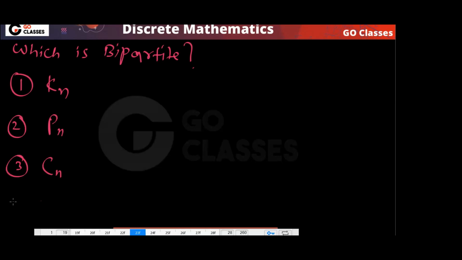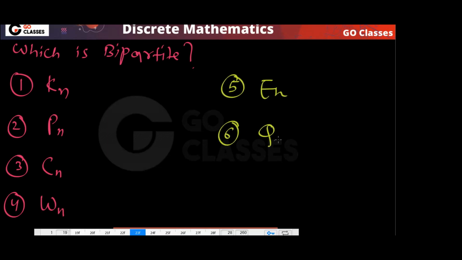The third, Cn. The fourth, Wn. The fifth, En. And the sixth, Qn. Which of these graphs is bipartite? The seventh, K m,n. Okay, so tell me which graph is bipartite.